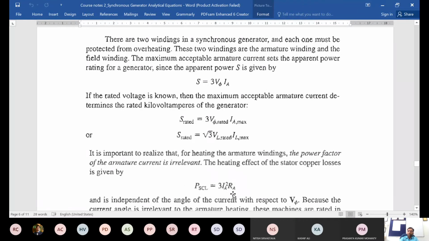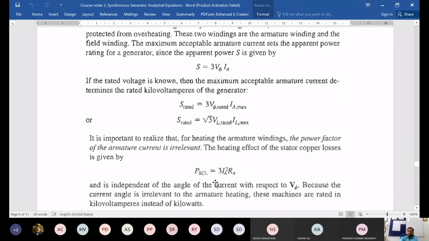This is obvious because IA is the per phase armature current, and RA is the resistance in each phase of the armature winding. So the stator copper loss in the armature winding is given by 3 IA square RA. This will appear as heating of the winding, so it has to be well within the thermal limits of the machine and the insulation. This is independent of the angle of the current with respect to Vφ.